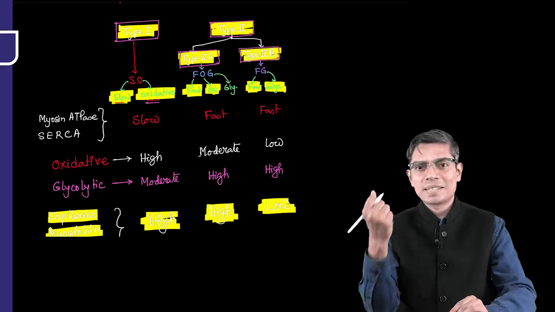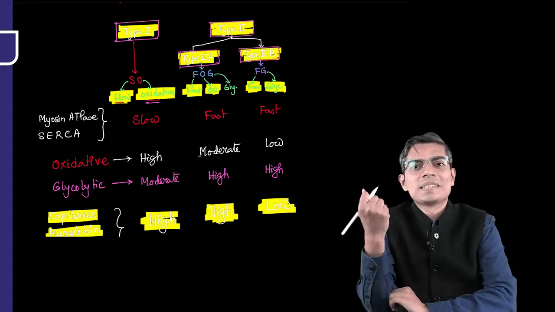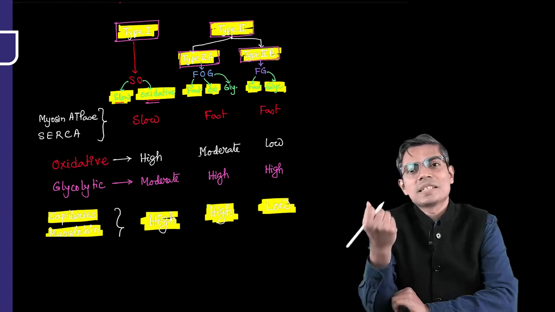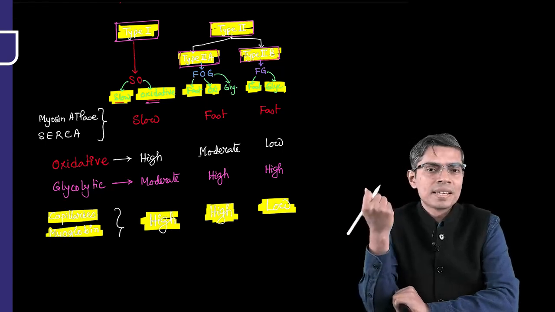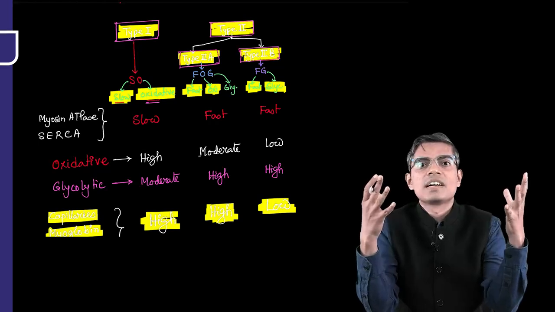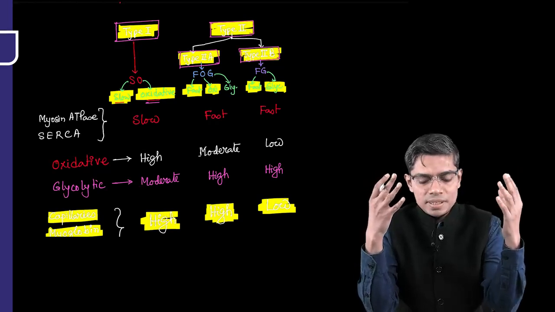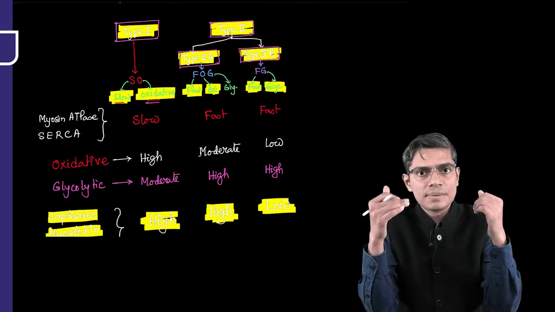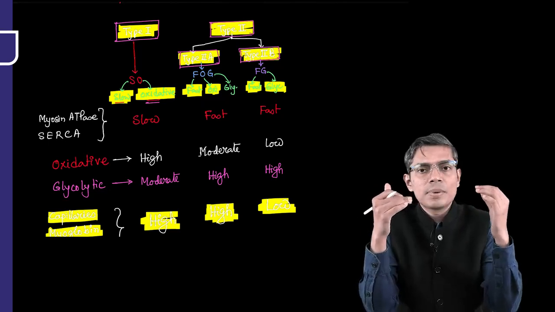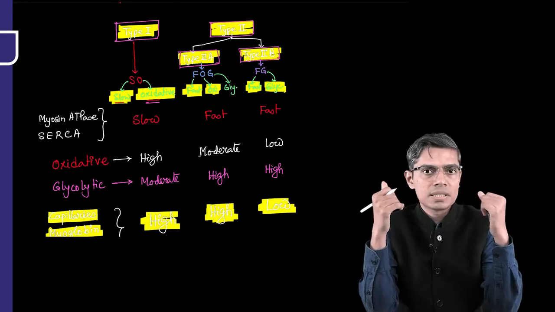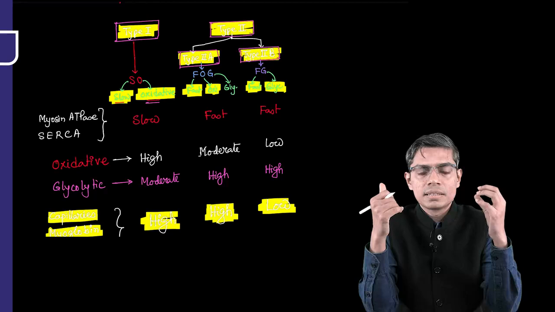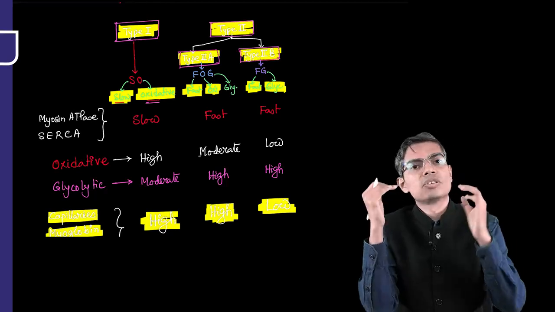Now, whenever you do exercise like this, what happens? You know that if you are doing exercise again and again every day, there will be increased bulk of the muscle, that is hypertrophy. Remember, in the recent edition of Ganong, it is given that whenever hypertrophy is occurring inside the muscle, predominantly type 2 muscle fiber is going to be affected.